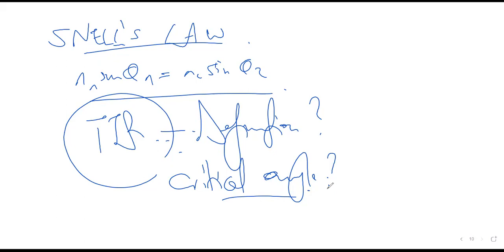In layman's terms, a lot of you won't understand that definition. What you understand is the incident angle which produces 90 degrees on the other side.